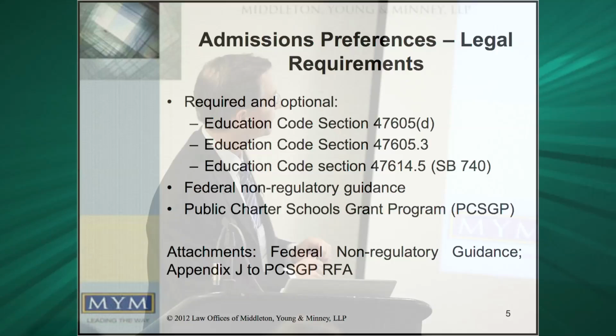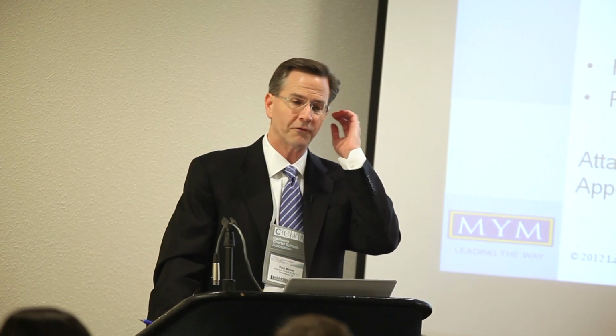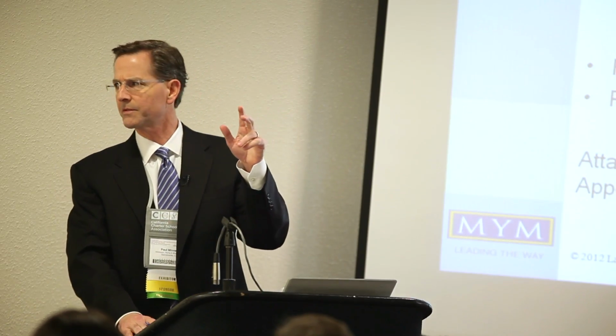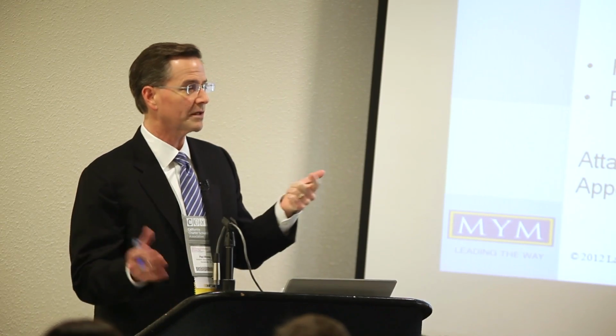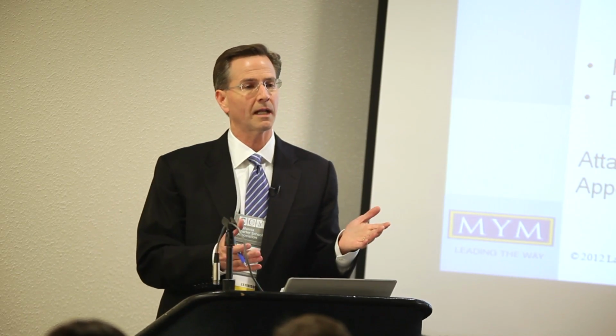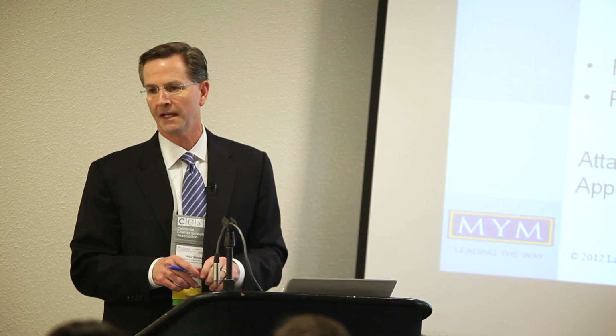And then the last one, 47614.5, SB 740, is the Charter Schools Facility Grant Program, the one where you get reimbursement from the state for rents and leases of your facilities. That actually allows you to qualify for reimbursement of up to $750 per ADA to cover up to 75% or 70% of your annual rents and leases for your facilities, if you are A, serving a student population that's more than 70% free and reduced, or B, you reside in an elementary attendance area that has met that threshold of more than 70% free and reduced, and you include a preference in your charter for kids in that attendance area.